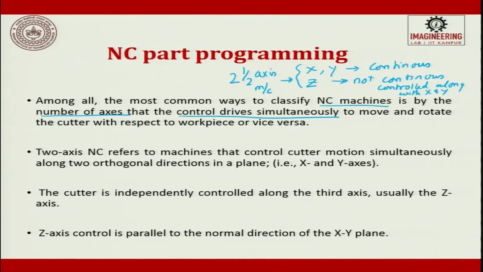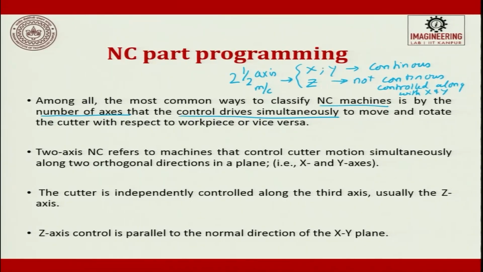I will repeat, among all, the most common way of classifying NC machines is by the number of axes that the control drives simultaneously. So, here the two axes are simultaneously controlled. After going to a particular spot, you move the z axis, or you set the z axis to a certain depth and then move x and y.